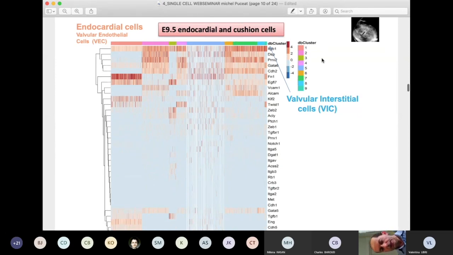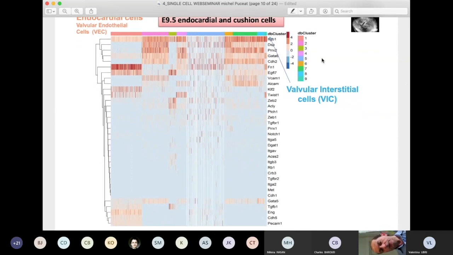You see the endoglin ENG, which is as well an endocardial gene. And at the right, there is a very small cluster that you barely see, which are the valvular interstitial cells. So they are fully mesenchymal and they are already quite advanced in the differentiation. And between all these clusters, as you can see, are indeed the different stages or steps of EMT.